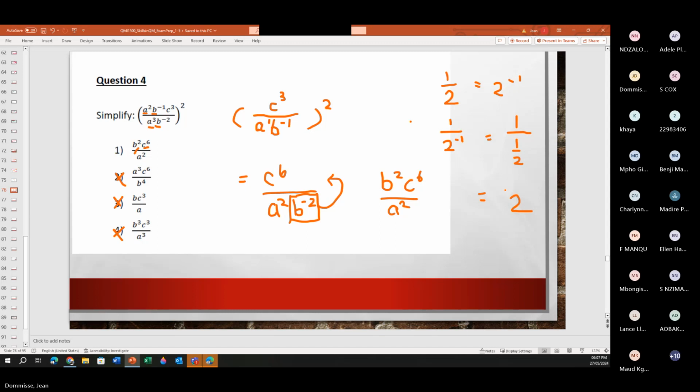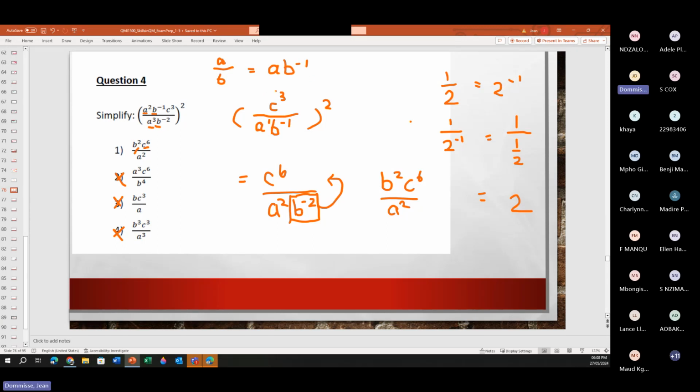And the other thing is, when you have the bottom factor, if it is purely a positive, so if it is a over b, and you want to write it without being a fraction, the a is at the top, which is positive. The b you can take to the top, but then you need to make it b to the power of minus 1.